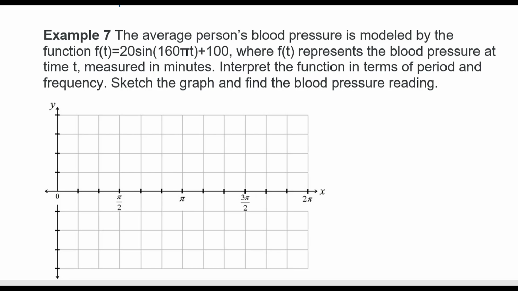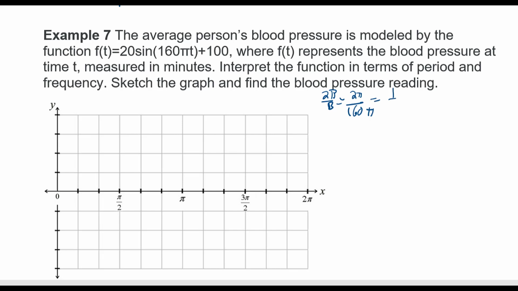So we have our amplitude, 2 pi over b is going to be equal to 2 pi over 160 pi.